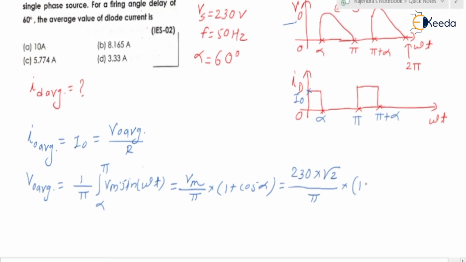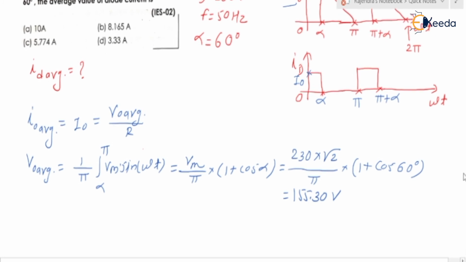Alpha is 60 degrees, so it is 1 plus cos of 60 degrees. Simplifying further, we get 230 into root 2 divided by pi into 1 plus cos 60, which is 155.30 volt. So this is the V0 average.